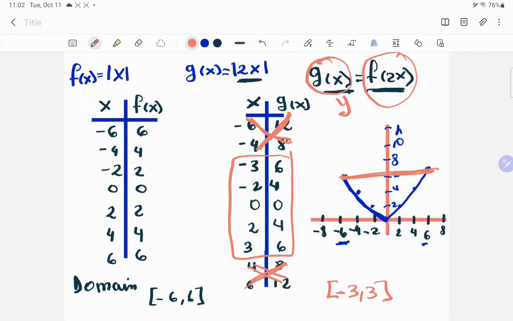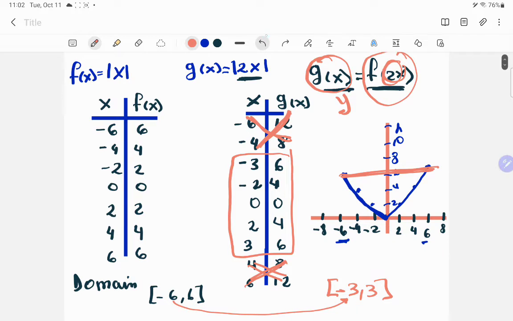Look how they change. I multiply x by 2, and my domain values are divided by 2. And let's graph this new function, g of x.